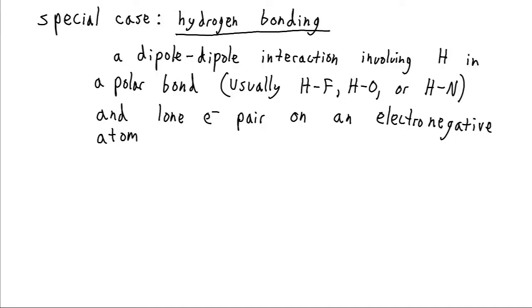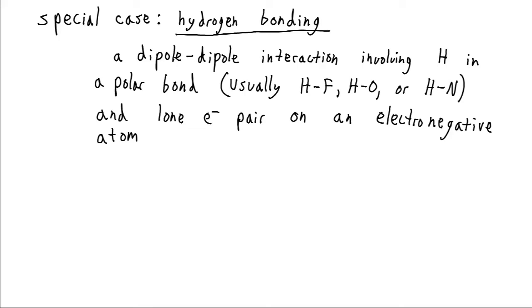There's an important case in our dipole-dipole interactions. That important case is when we have hydrogen bonding. So this is where our dipole-dipole interaction involves hydrogen in a polar bond. This is typically with fluorine, oxygen, or nitrogen because those are very electronegative atoms, so they give us very polar bonds. And this dipole is going to associate with a lone pair of electrons on an electronegative atom in the other molecule.